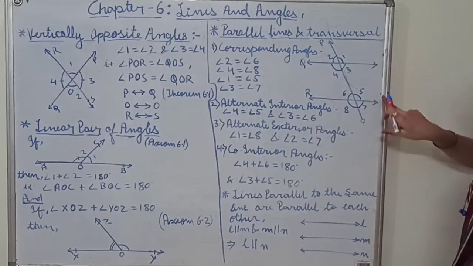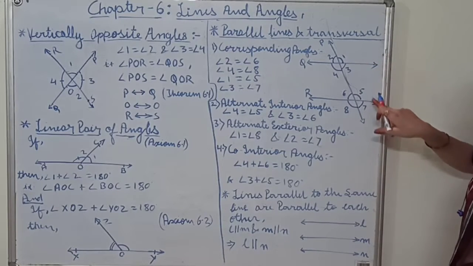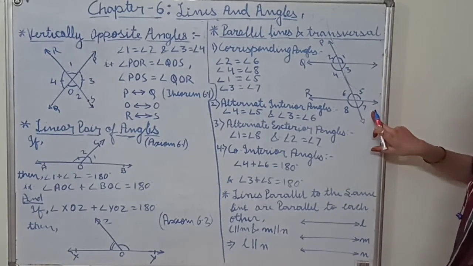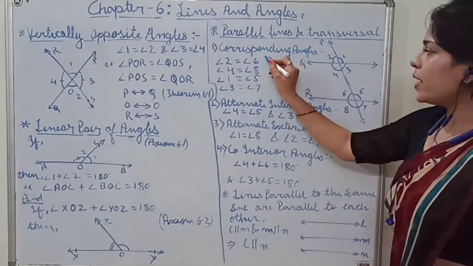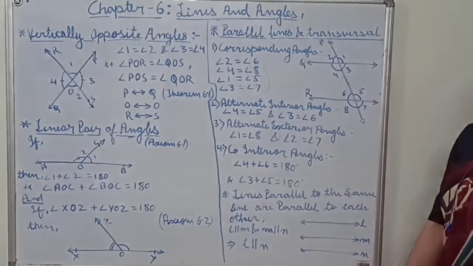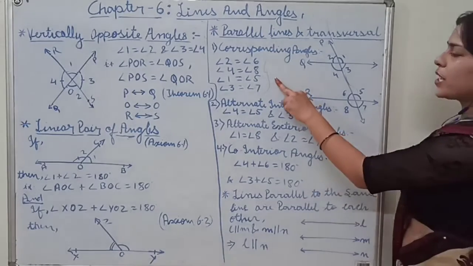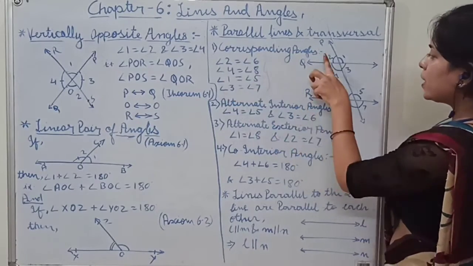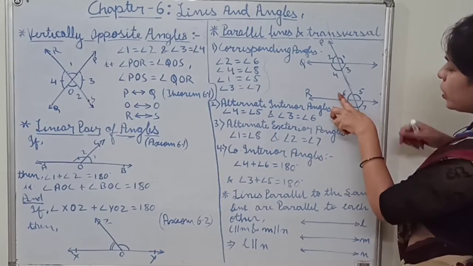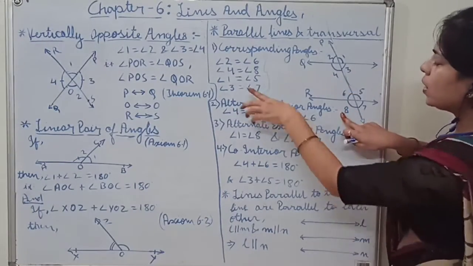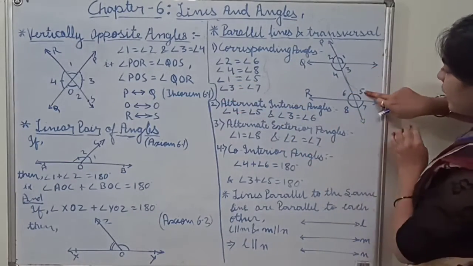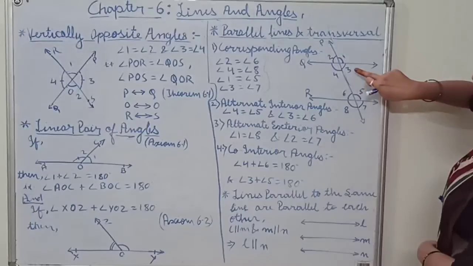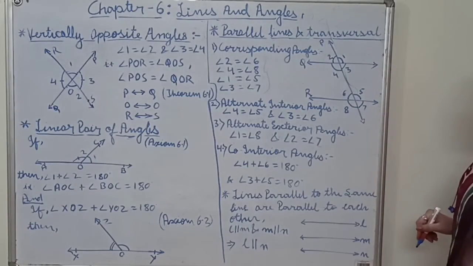If the lines are parallel and a transversal intersects them, then corresponding angles are equal. Corresponding angles 2 and 6 will be equal, 4 and 8 will be equal, 1 and 5 will be equal, and 3 and 7 will be equal.